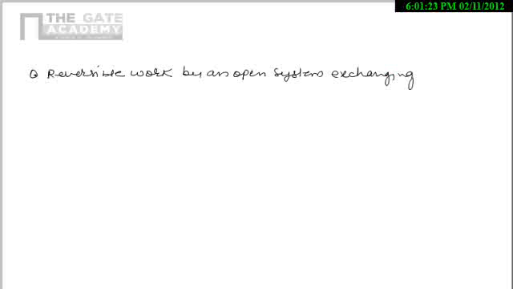Let's take reversible work by an open system exchanging heat only with the surrounding.